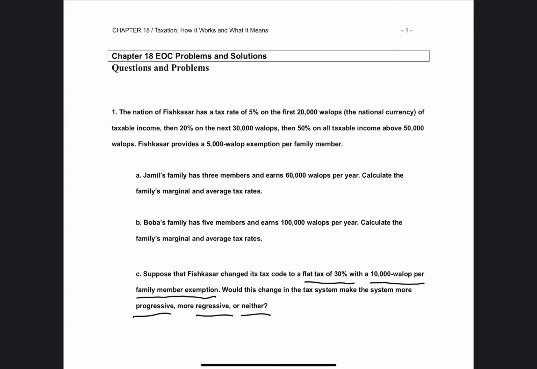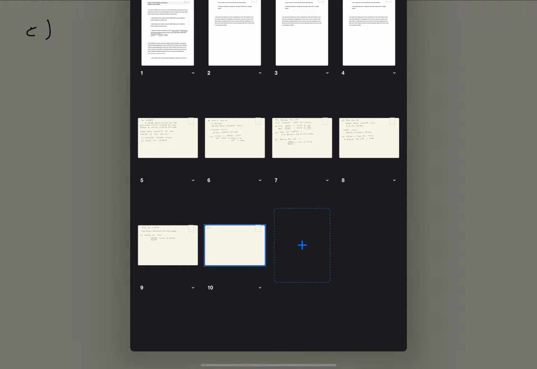So let us go back and try to analyze the case. The first thing that you can observe is that there is a kind of regressive effect. The change is not progressive. Why is that?